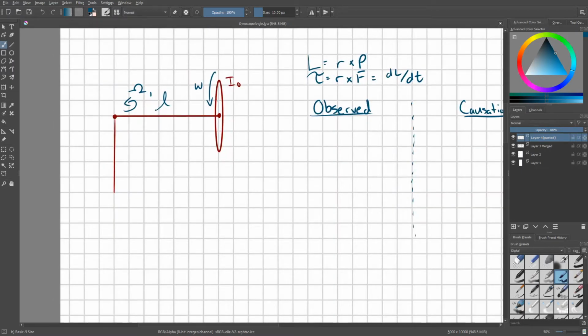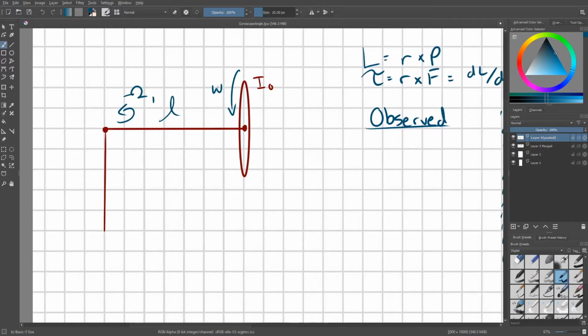Let's start by vectorizing this omega here. The way we do that is with our right hand, we curl our fingers to point in the direction of the omega rotation, and our thumb points out in the direction of the omega vector. Alright, there's task 1 complete.